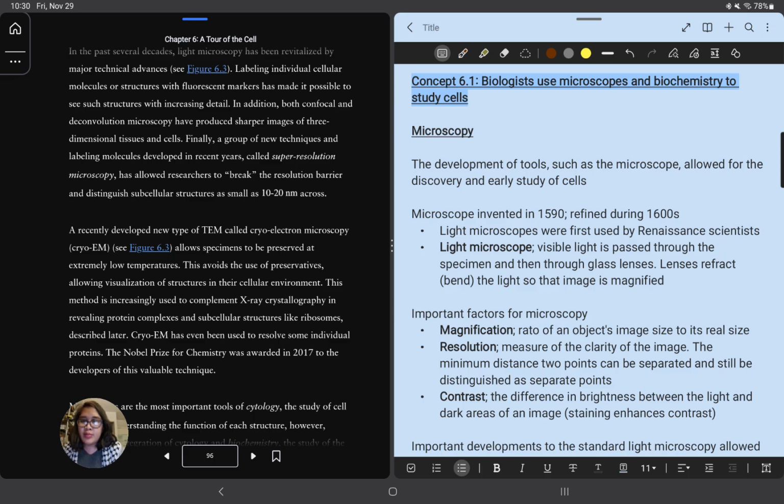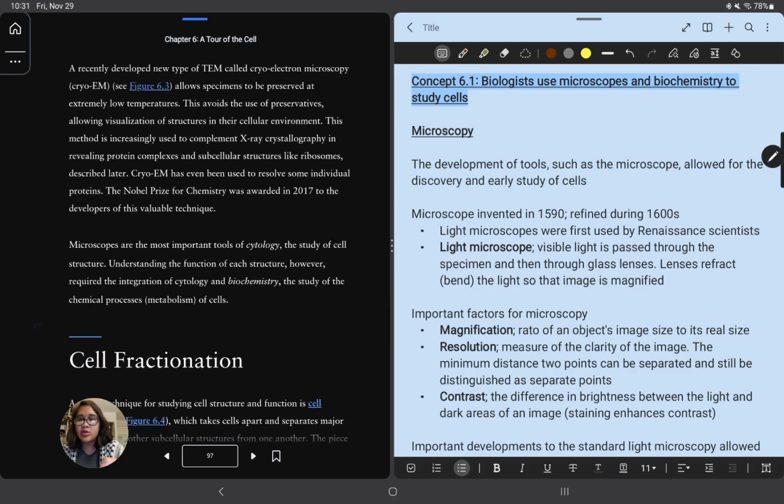In addition, both confocal and deconvolution microscopy have produced sharper images of three-dimensional tissues and cells. Finally, a group of new techniques and labeling molecules developed in recent years, called super-resolution microscopy, have allowed researchers to break the resolution barrier and distinguish subcellular structures as small as 10 to 20 nanometers across.